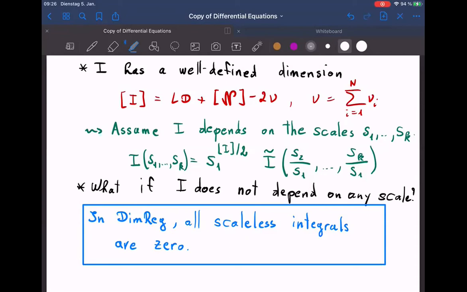Okay, so let's come to the question of how you can actually compute these objects. Well, to be fair, there's no general solution of how to do it. There are various techniques out there, but very often there's no winner-takes-all strategy.